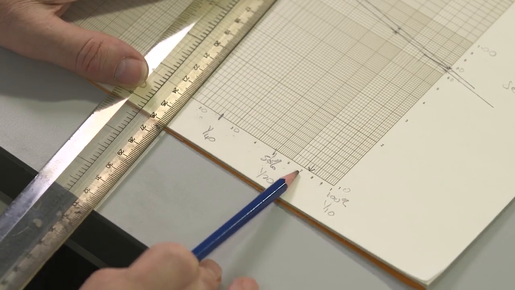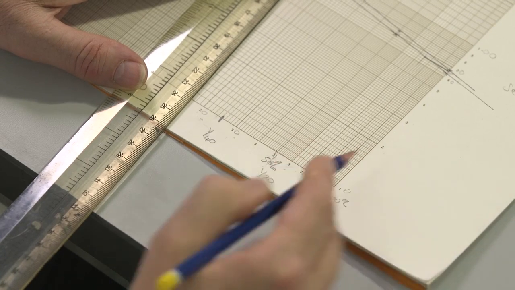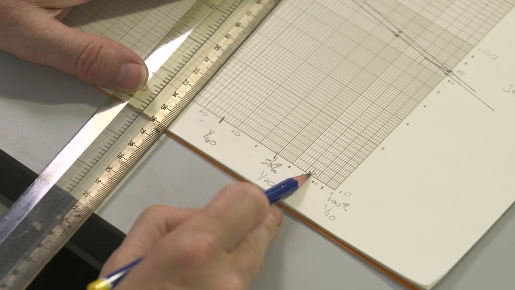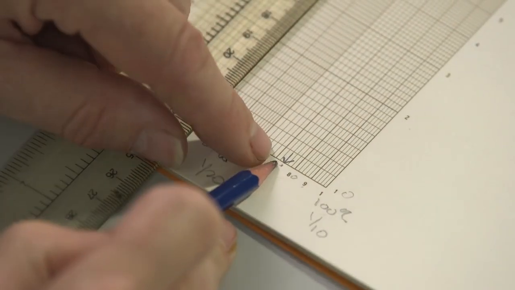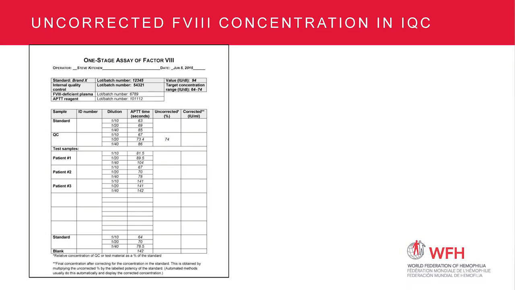How many gradations between 70 and 80? 72, 74. So the concentration of the standard which would have clotted at that clotting time, 74%. It means the concentration in the IQC is 74% of whatever is the concentration in the reference.